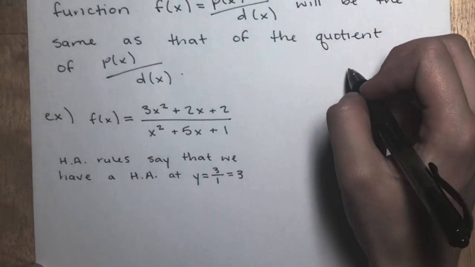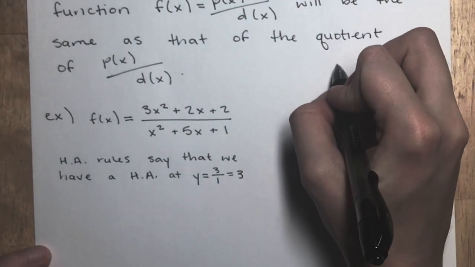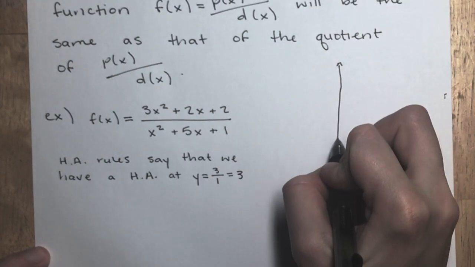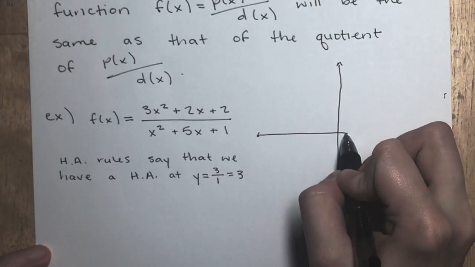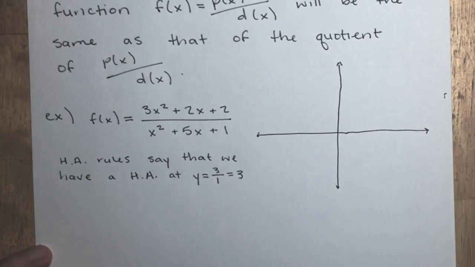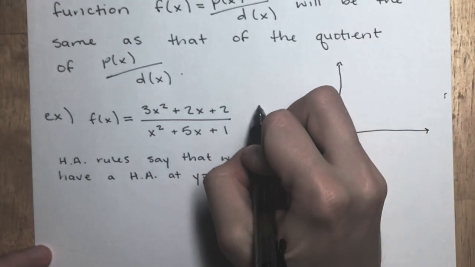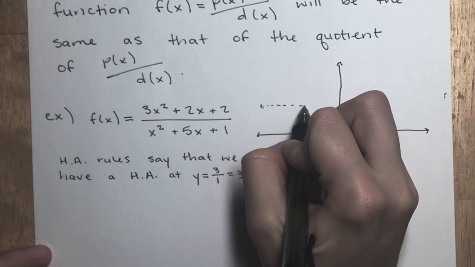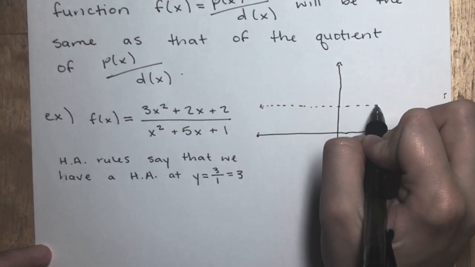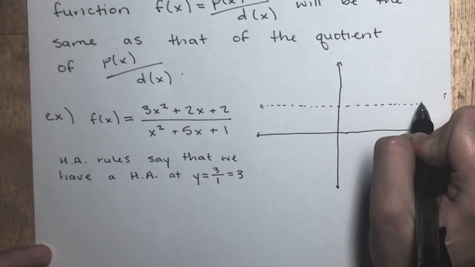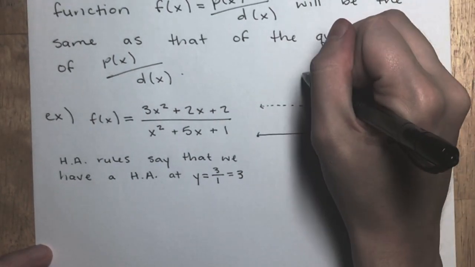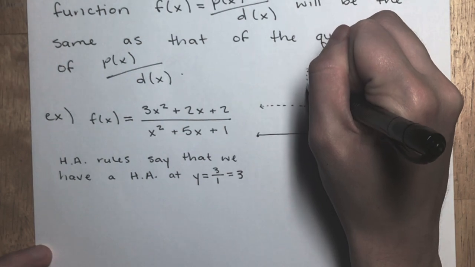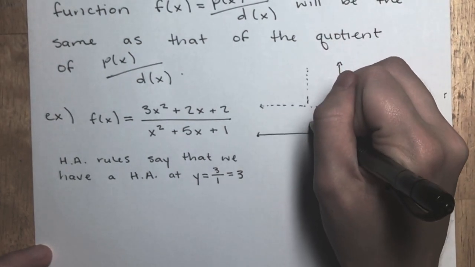Let's look at what our graph looks like here. This is not going to be perfect, but the important things to note are that we have, again, our horizontal asymptote at 3 and this vertical asymptote here.